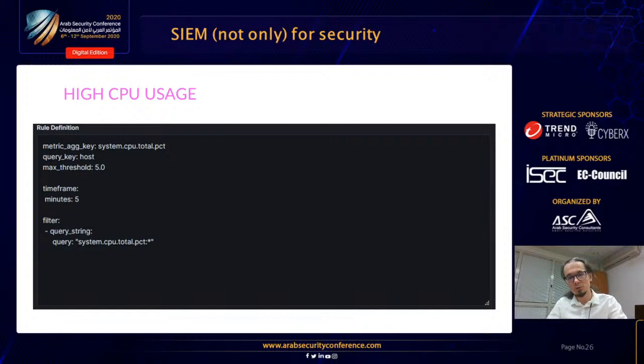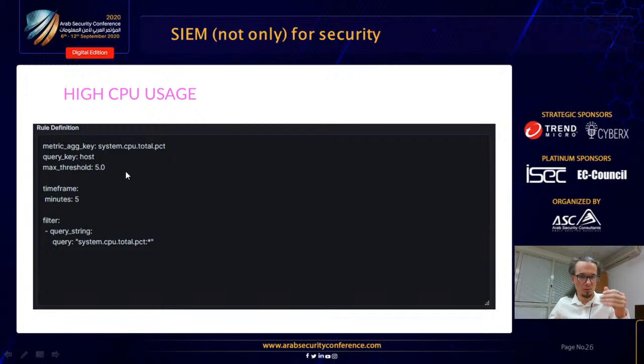For example, we can monitor high CPU usage, where basically this is rather simple. We are bringing the average value of the CPU usage, and within the time frame of 5 minutes, we are looking if it's exceeded the threshold, and this threshold in this case is 50%.